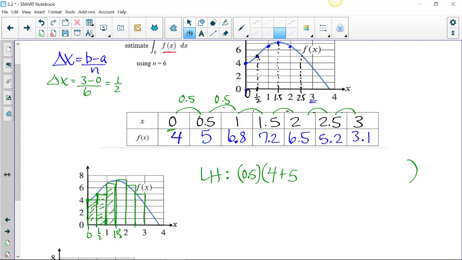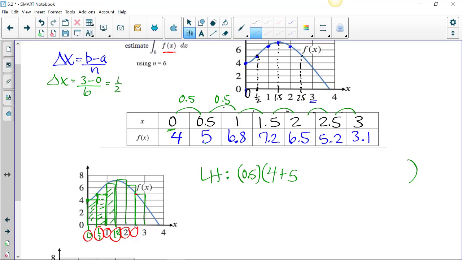All right, so my left values will be 0, 1/2, 1, 1.5, 2, 2.5, and not 3 though, right? Because this is my left endpoint. But I do have 6 rectangles.